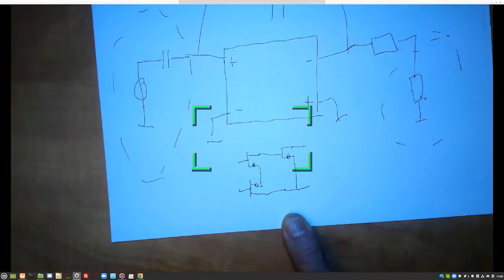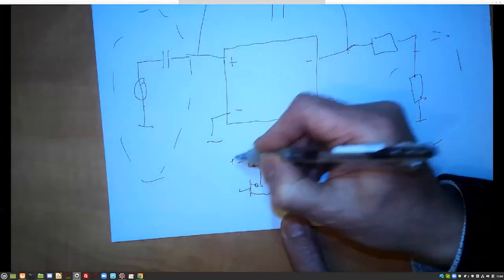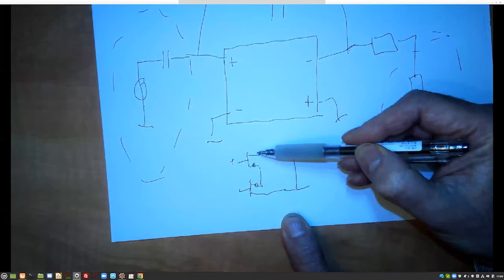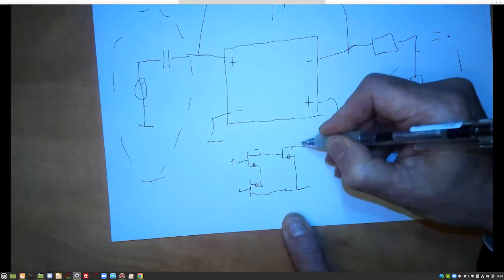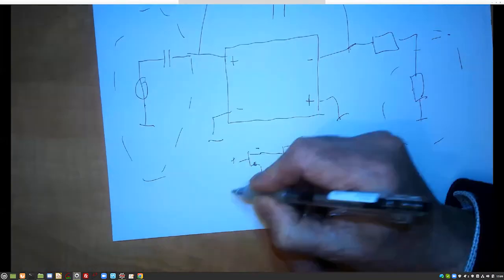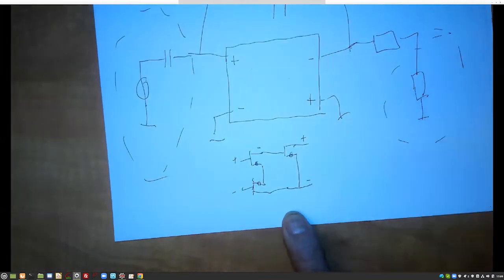So you can also do plus and minus signs in here. As soon as you cross a gate to drain, you have one inversion. So here's one inversion and here's another inversion. So that makes this minus and this minus.